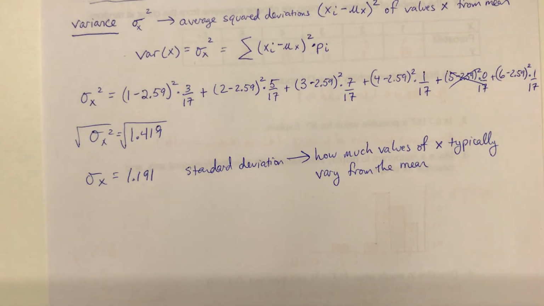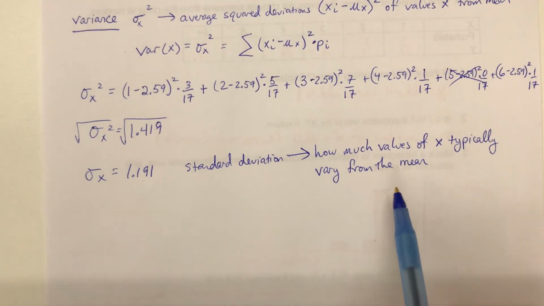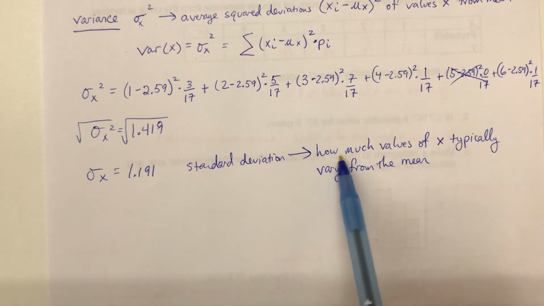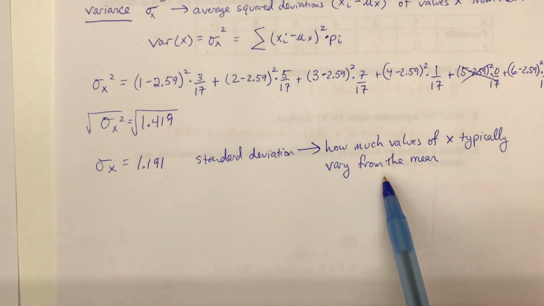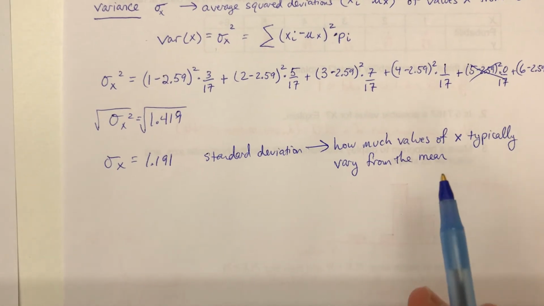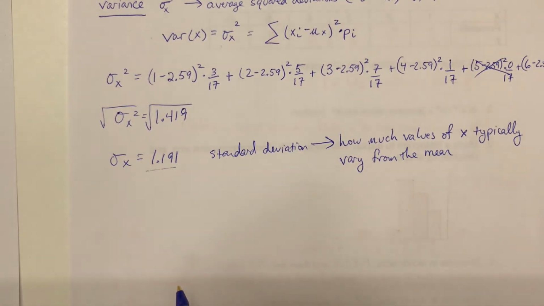Okay, talking about how spread out our data is. If we randomly select a point, what would be the average distance from the mean? Now we don't use the word average there, but how much the values of x typically vary or differ from the mean for that. Okay, so in this case, the standard deviation was 1.191.